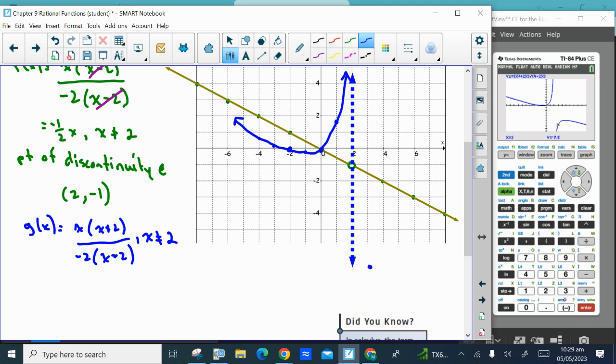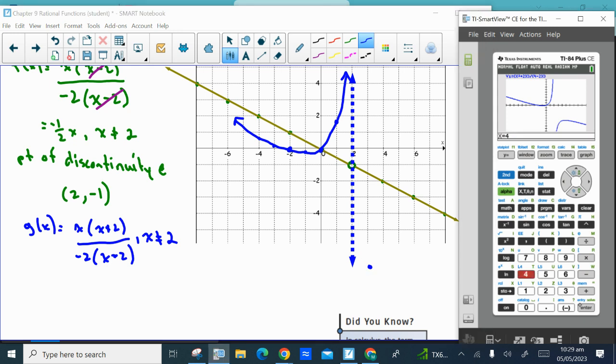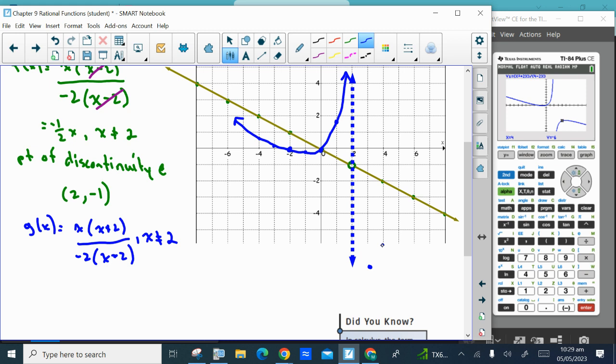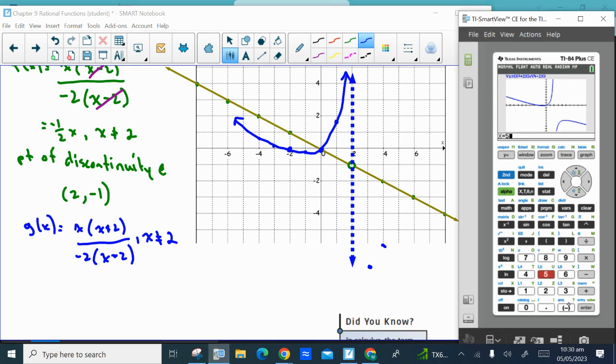If I let x equal 4, y is -6, approximately there. Let x equal 5, it's -5.8.